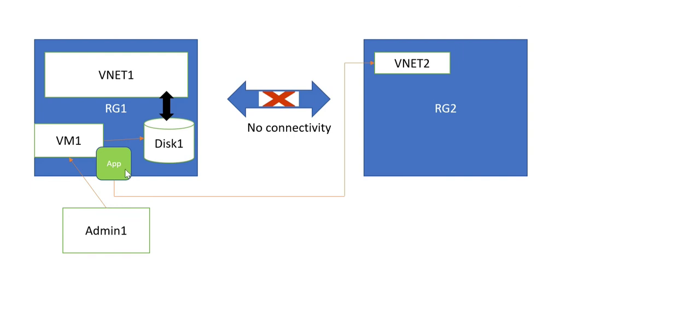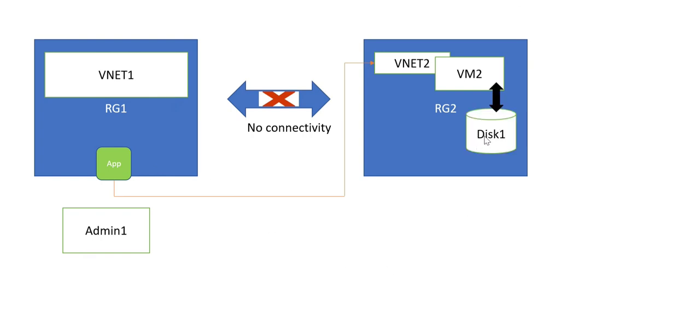Now, please remember, we cannot migrate this VM1 directly. There is no connectivity. So what we do is delete this VM1, and create a new VM2 in VNet 2. VMs cannot be migrated, but the disks can be unplugged and plugged. So we take disk 1 from here and plug it here.